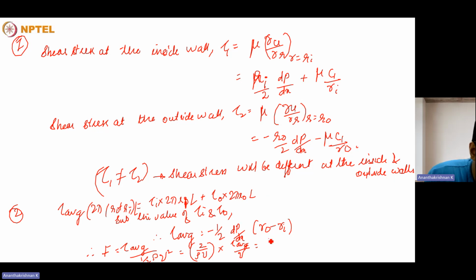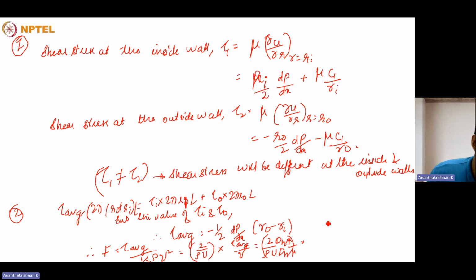So it's doing a bit of mathematical manipulation. You can write it in this form, and then you can write mu divided by mu.